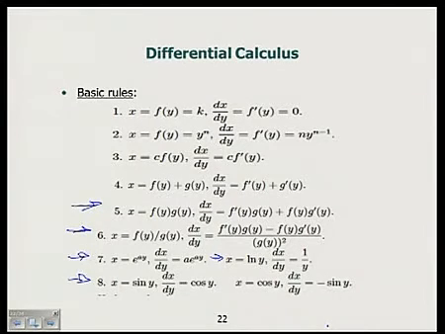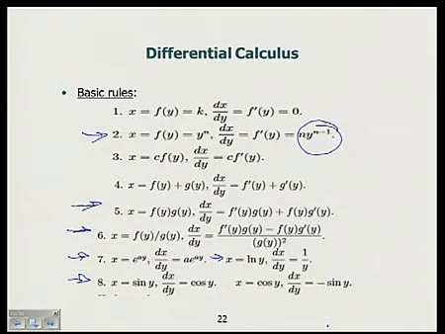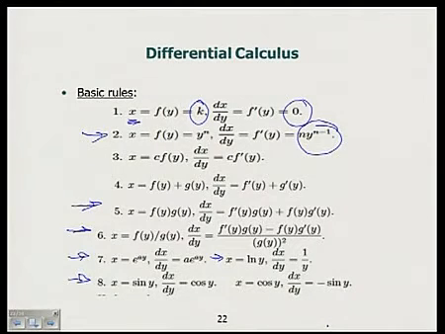This is a table, very easy to understand. It is also important: the derivative of y to the n is n times y to the n minus 1, and the derivative of a constant. If x is constant, then the first derivative is always 0.